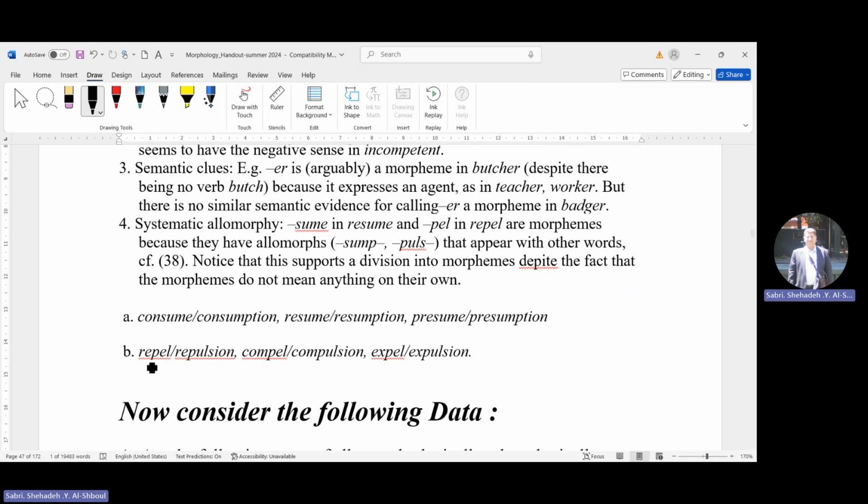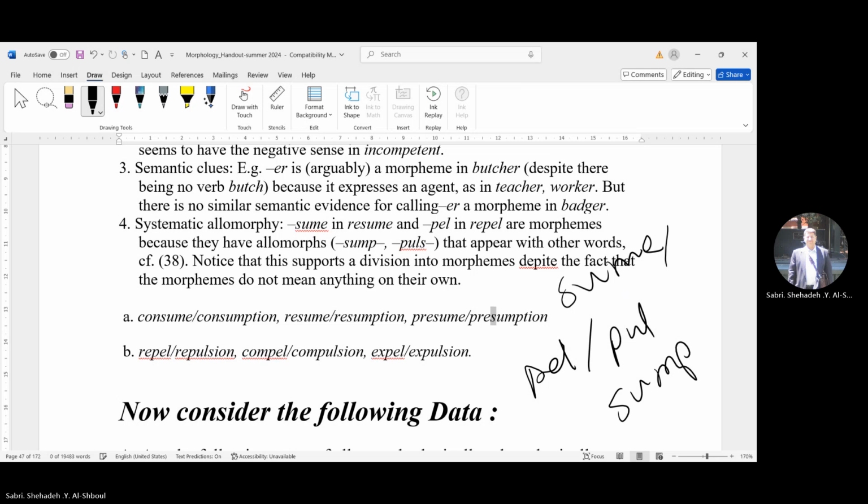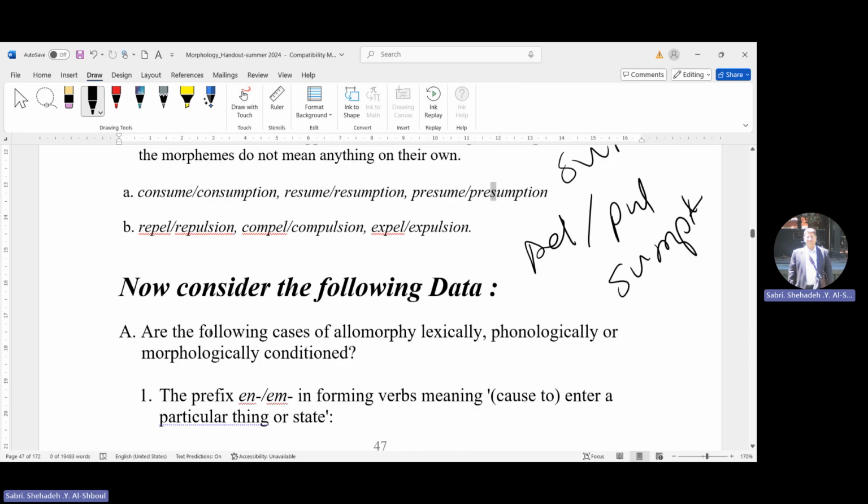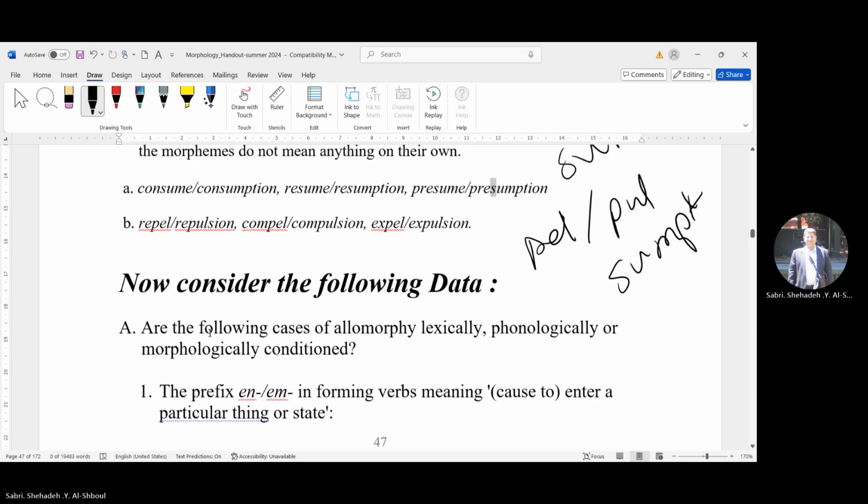So here we talk about pel versus pulse, which are allomorphy, morpheme-based variations. The same here. We have sume versus sump, right? Because it is also followed by a morpheme, tion. Okay, so here this allomorphy is important.